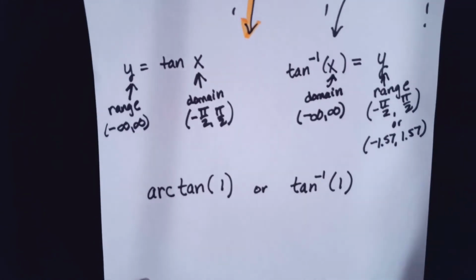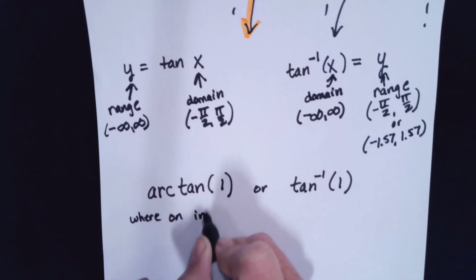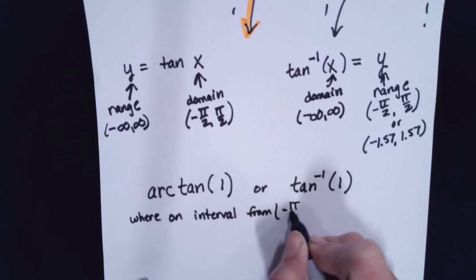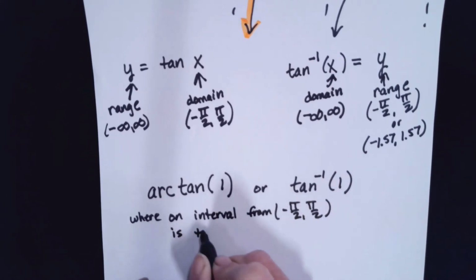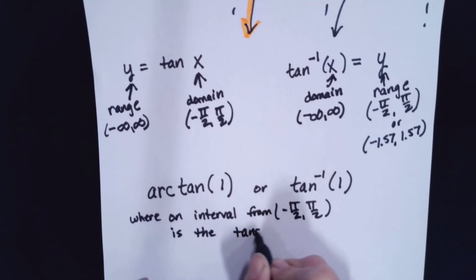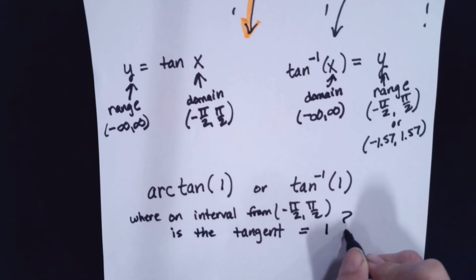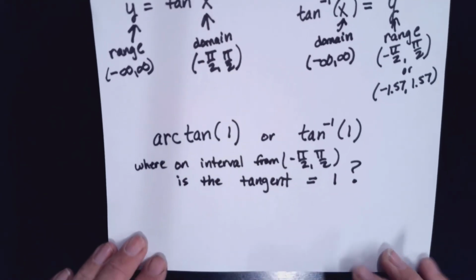And what this question is asking is, where on the interval from negative pi over 2 to pi over 2 is the tangent function equal to 1. So that's what that means. So this is why I had you do this last night.